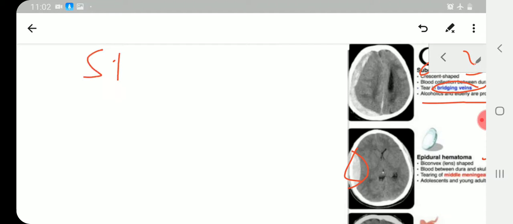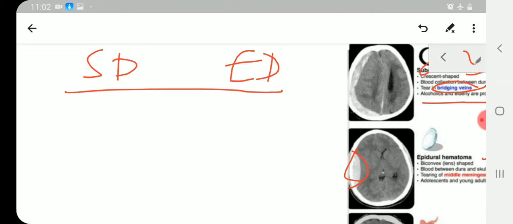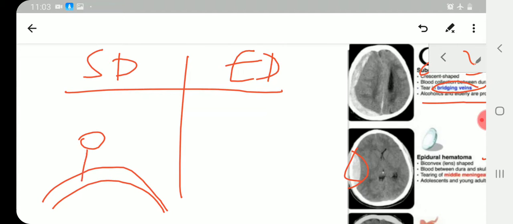This is for subdural versus epidural. First point is subdural means below the dura mater. I would like to make a small drawing. There is a bridge. An elderly person is walking on the bridge, holding a stick.